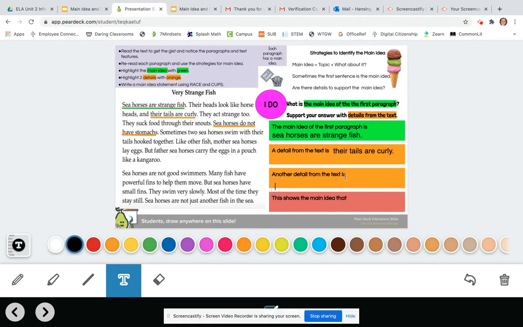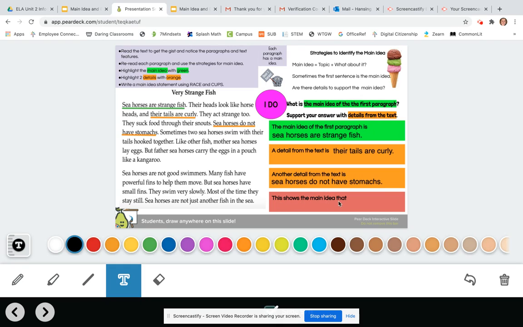Another detail from the text is, seahorses do not have stomachs. If you didn't know how to spell those words, you get to use the text right here because citing text means that you are actually using the words that the author used to explain your answer.